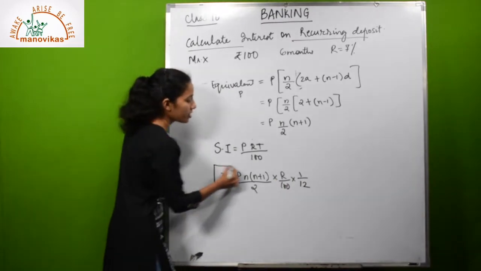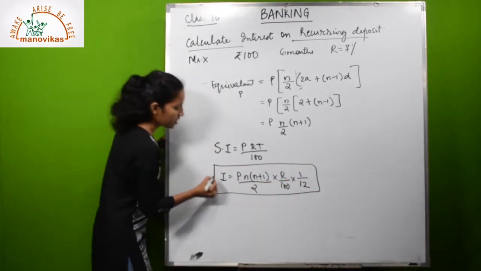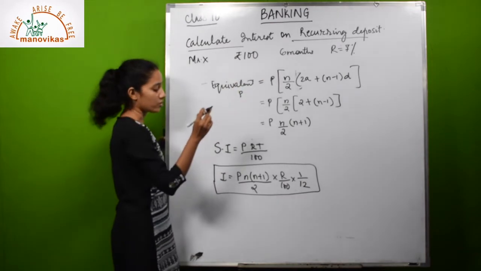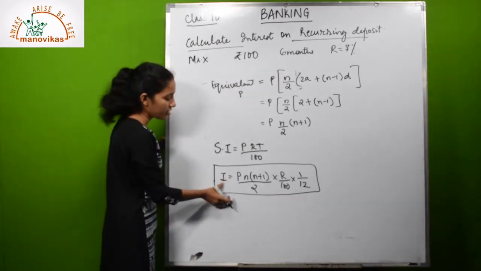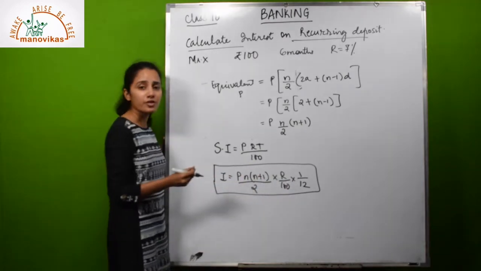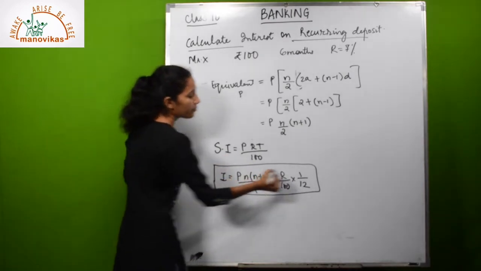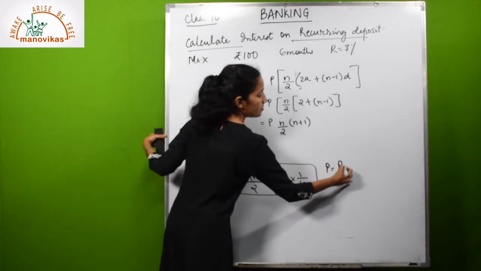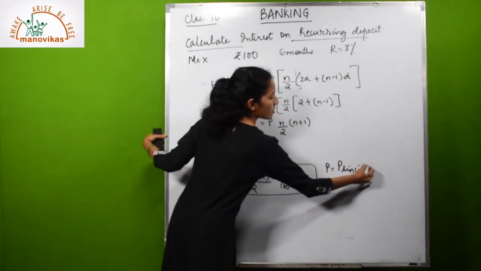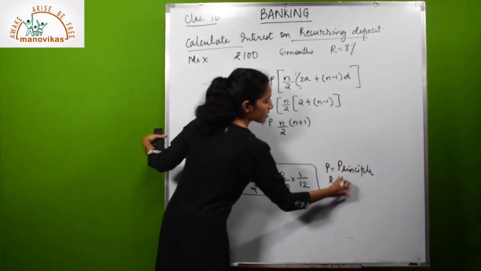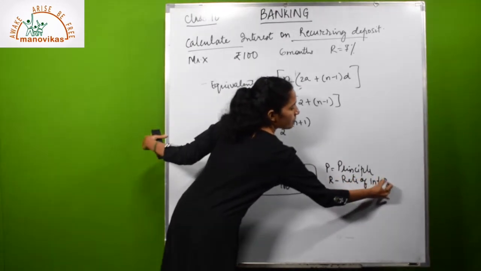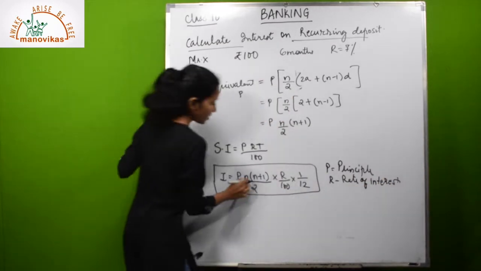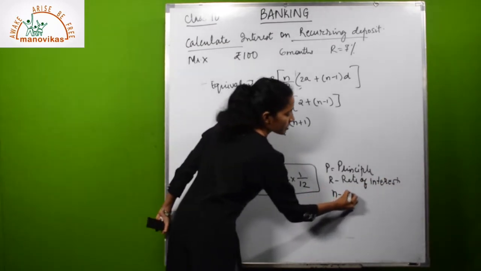So this is the formula for interest on recurring deposit. When you're calculating the interest, this is the one that you'll be using. Note that P is the principal, R is the rate of interest, where n is the number of months.